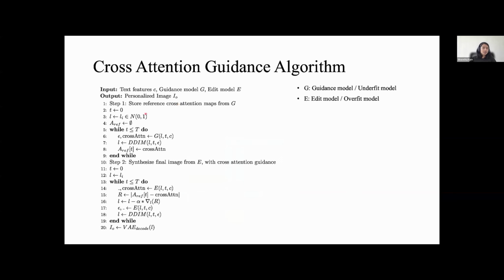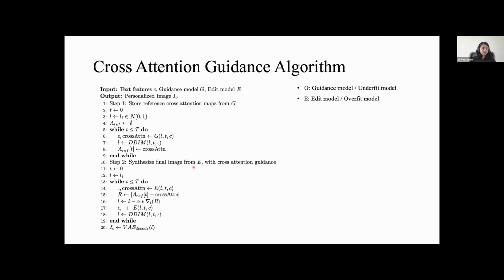In the first step, we store the reference cross-attention maps when we generate an image using G. So just take the underfit model, give it the text prompt, and generate an image. And at each step of the diffusion process, we store the cross-attention maps in A_ref over here. So that is just the first step. And we also make a note of the initial latent that we started with.